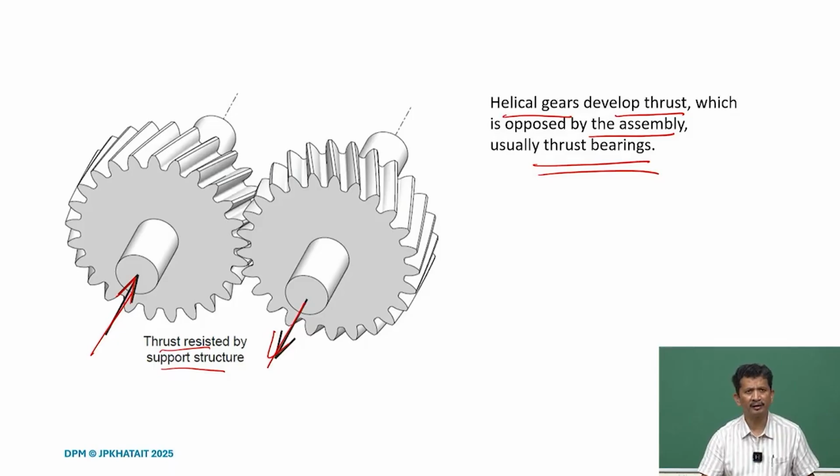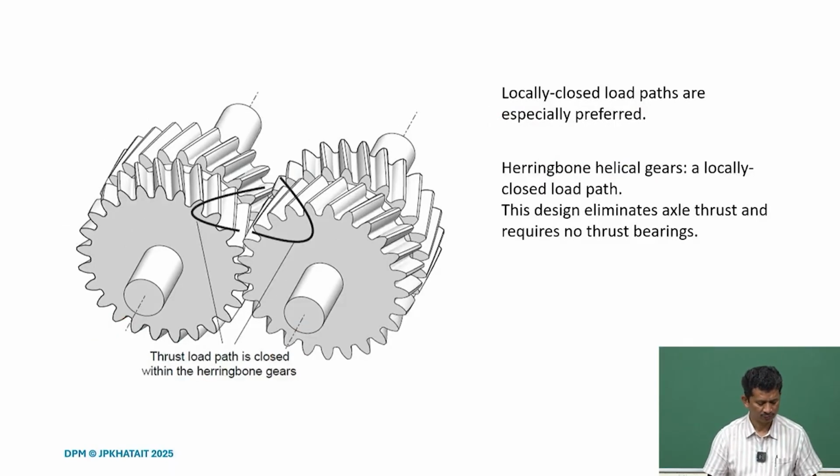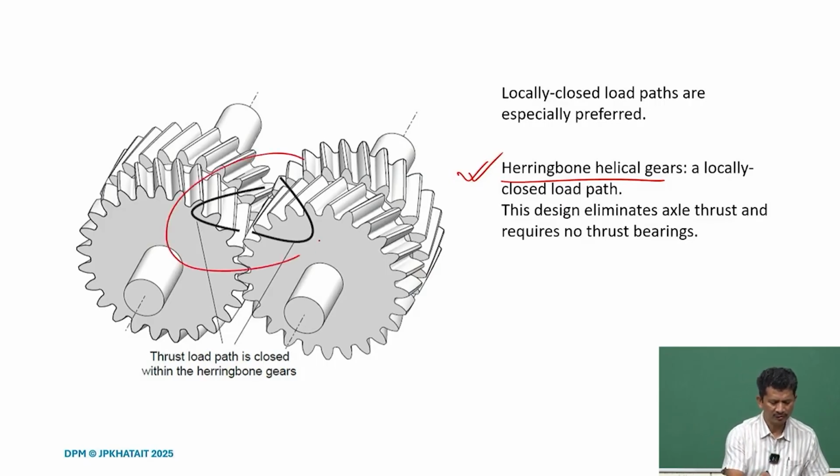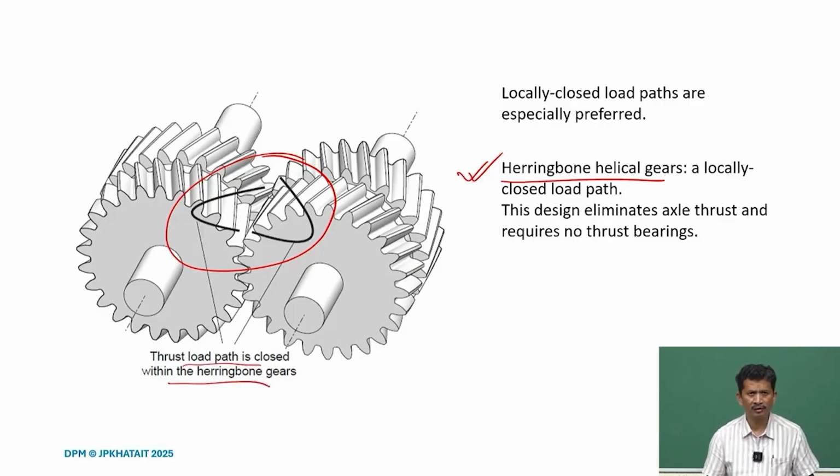How to mitigate that? There is another kind of design which is called herringbone helical gears. With opposing gears, what we see here is that it's getting mitigated locally. So, the thrust load is closed within the herringbone gears. One set develops it, the other set cancels it.